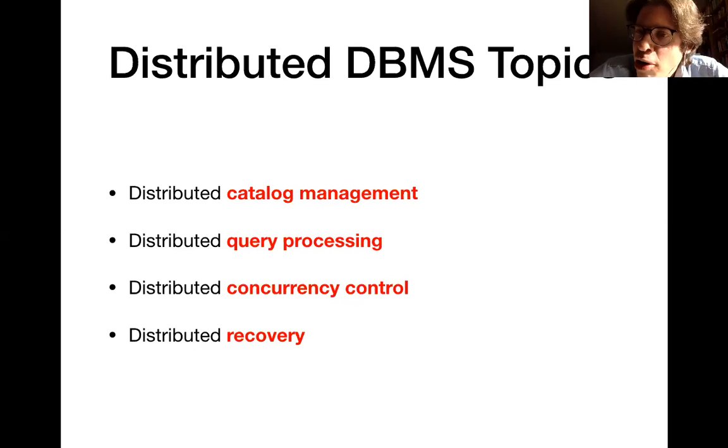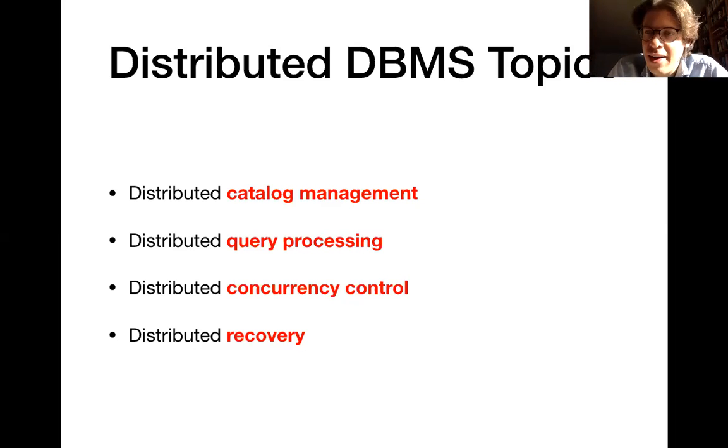And of course, we have to think about distributed recovery, because now maybe not all of the nodes in your distributed system fail, but only some of them. And we have to make sure that if a transaction is processed, it's either processed on all sites or on none of them. So we have to have something like distributed transaction atomicity. In the following, we're going to revisit all of those topics, and discuss a little bit what changes if you go from one single node to a distributed system.